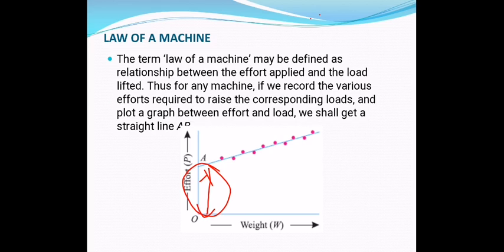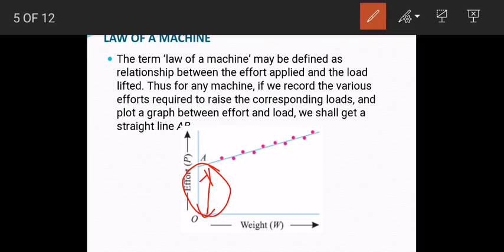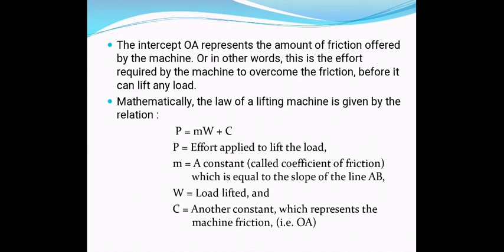Means when you start the machine, in the start you have to overcome some friction, then only you can lift some load. So even if no load is there, effort is required to overcome the friction. So the height of OA is to overcome the friction.